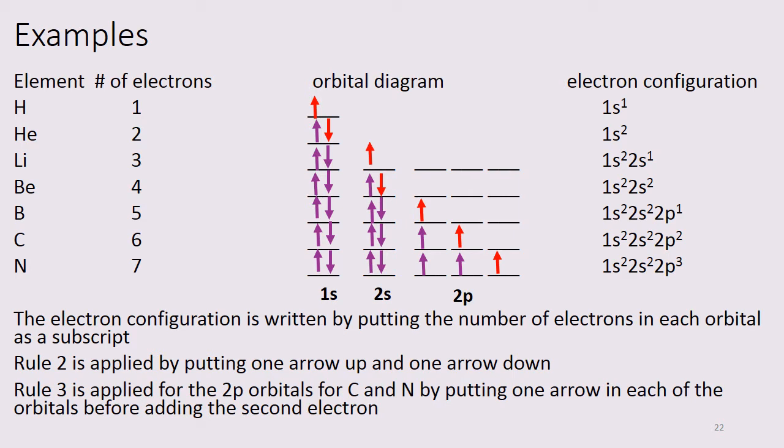Lithium has the electron configuration 1s2, 2s1 because it has 2 in the 1s subshell and 1 in the 2s subshell. Beryllium 1s2, 2s2, and then you can see that boron has 1s2, 2s2, 2p1. Carbon 1s2, 2s2, 2p2, and then nitrogen 1s2, 2s2, 2p3. And then we're going to continue on in just a minute.